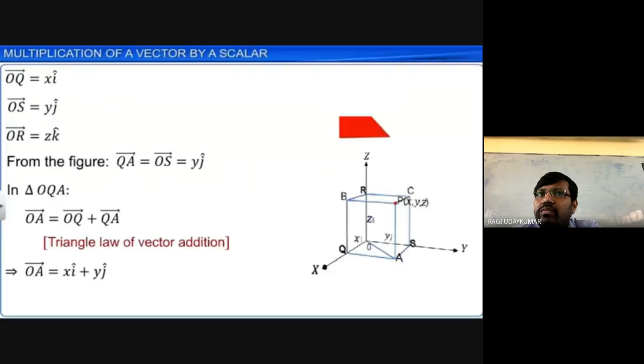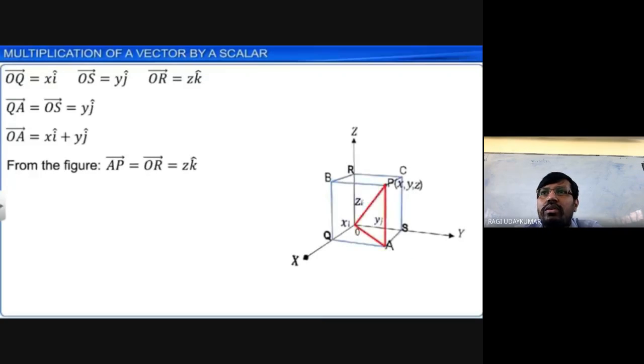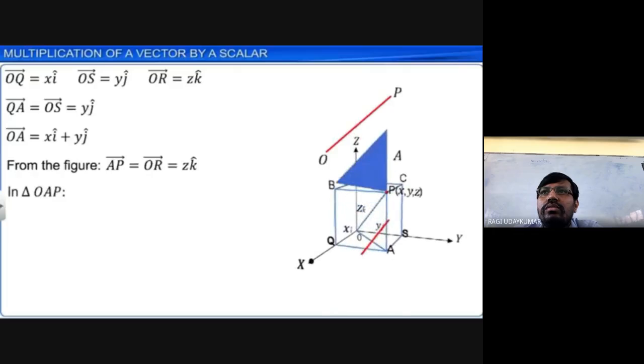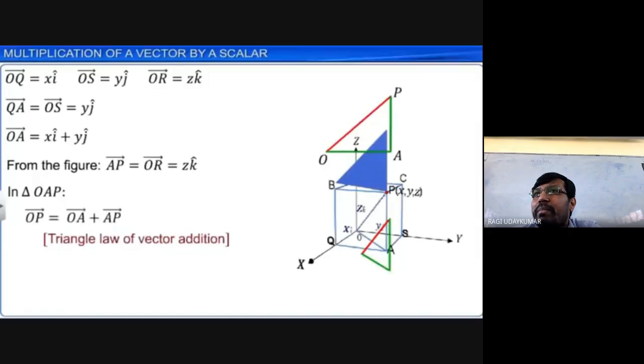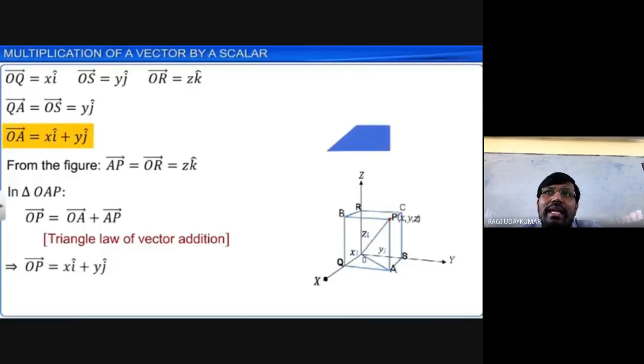Okay, OA is equal to xi plus yj, you are going to get. OA is equal to xi plus yj, because QA is equal to yj. From the figure, observe AP, that is A to P. Consider the triangle OAP, that is a right angle triangle, because it is not showing to you as a right angle triangle, but it is a right angle triangle.